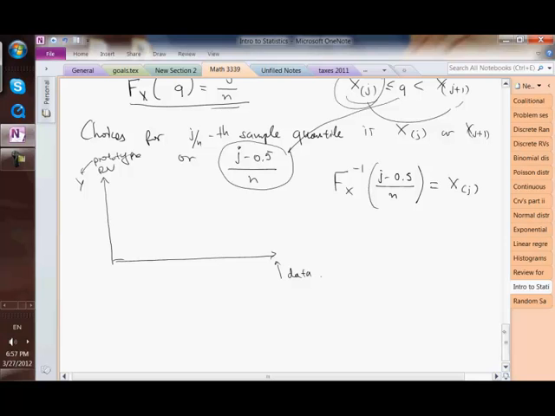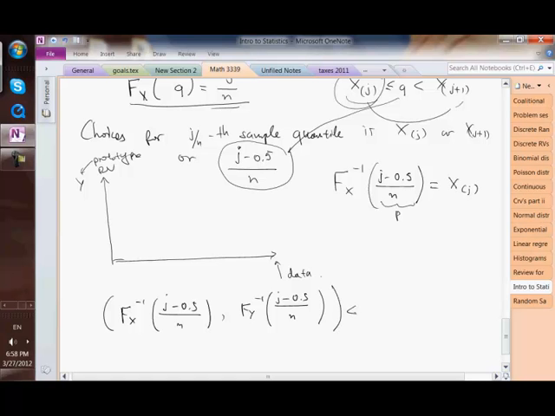So for the QQ plot, now this serves as probability, should be the points, and since I choose those p points, I have j minus 0.5 divided by n.